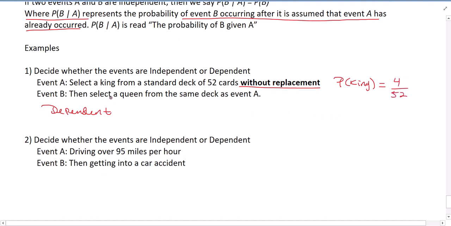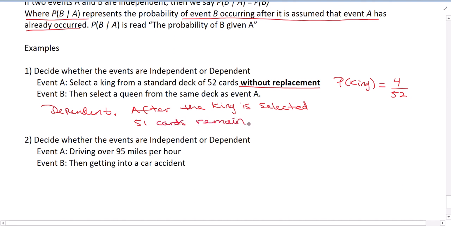But now, once you don't put that card back, how many cards are in the deck? There's no longer going to be 52 cards. Now there are going to be 51 cards. So after the king is selected, 51 cards remain.